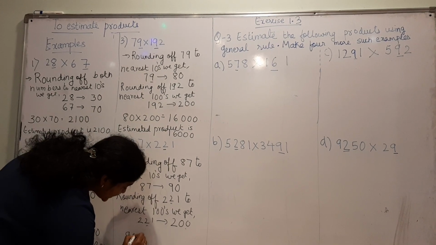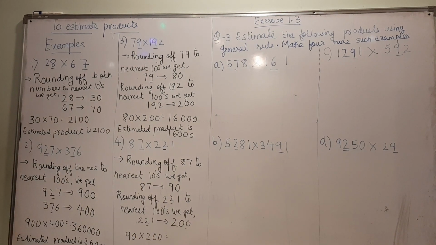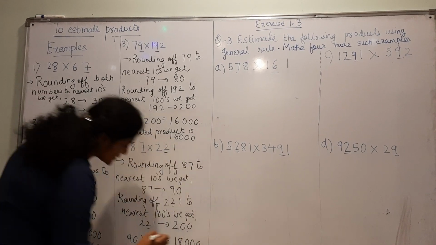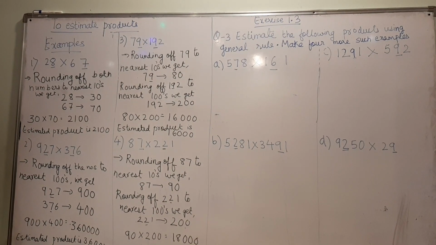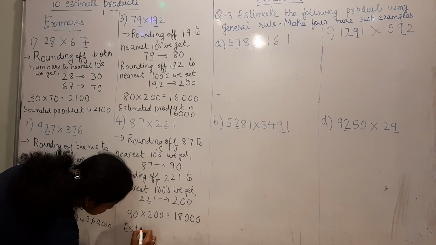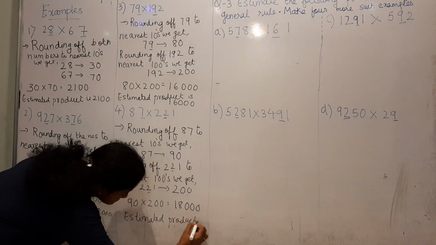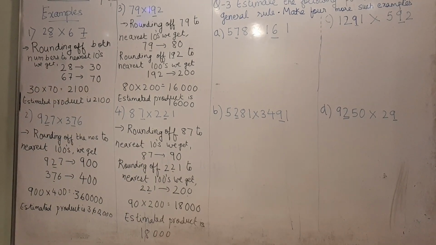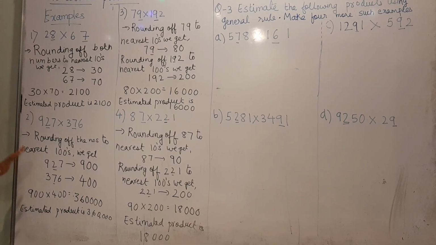This will be 90 into 200, that is 9 twos are 18 and 3 zeros. This will be 18,000. Write the final statement: estimated product is 18,000.